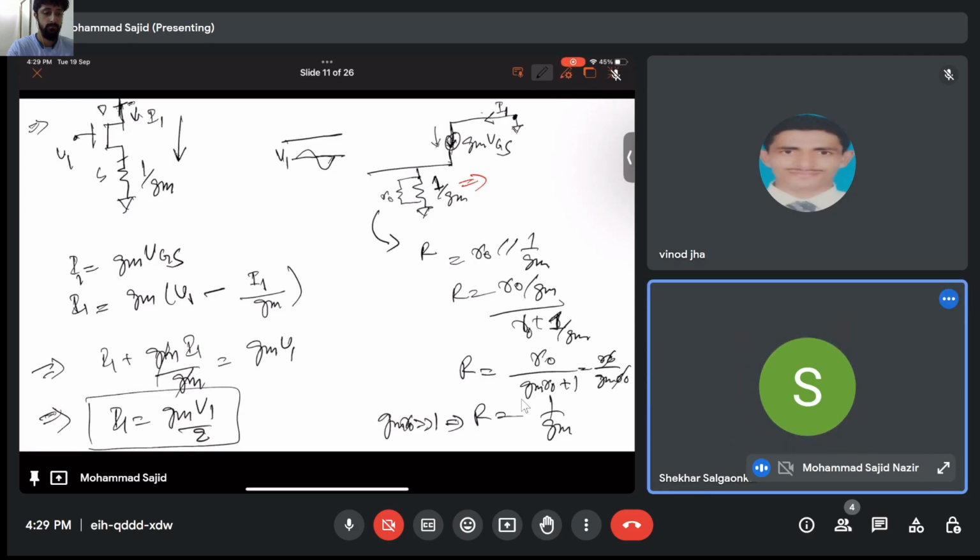It won't change direction, because the total current is I DC plus I AC, a small signal. So the DC is always from drain to source, and on top of it there is some AC fluctuating. The total current direction is always from drain to source.